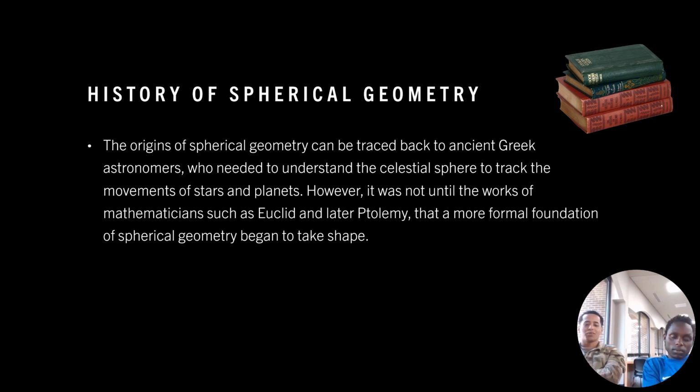It wasn't really until the works of mathematicians such as Euclid that a more formal foundation began to take shape. So could you imagine just going straight to a point and walking there, and the next thing you know, you have all these things in the way, and you can't really measure the distance.